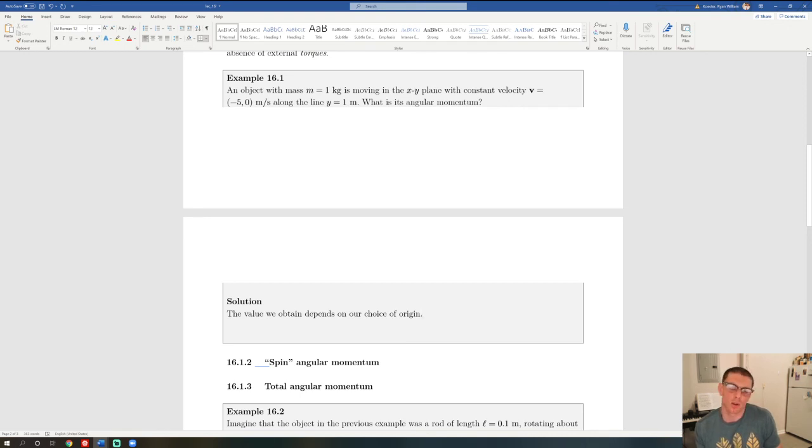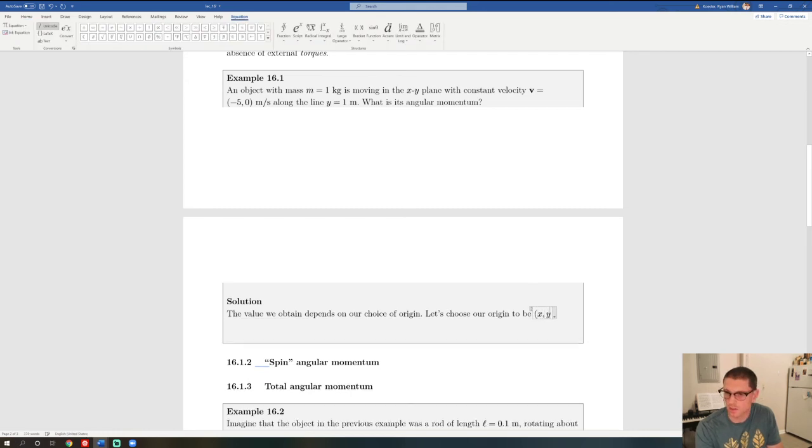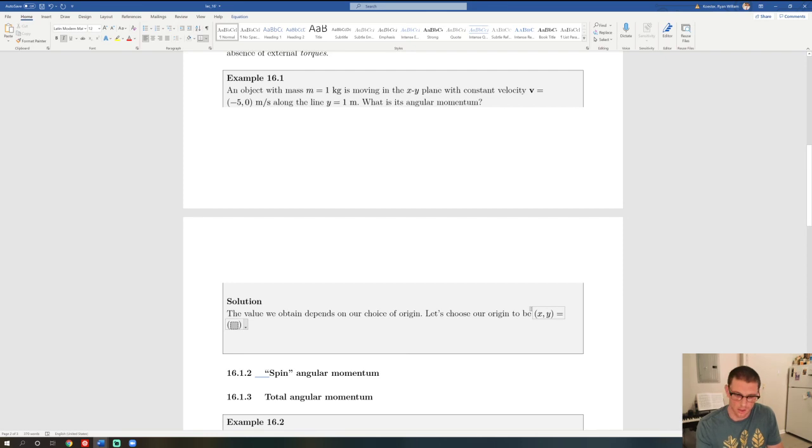It's not really meaningful until we say the point from which we would like to calculate the orbital angular momentum of an object. So very sensibly here, let's choose our origin to be at x, y equals 0, 0, right?